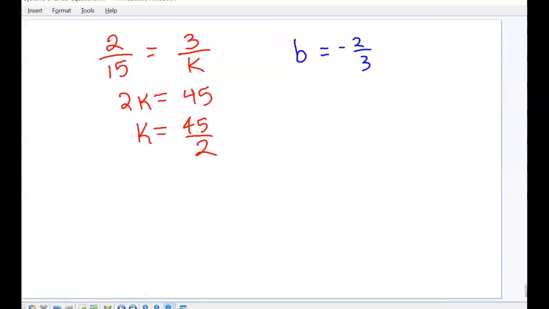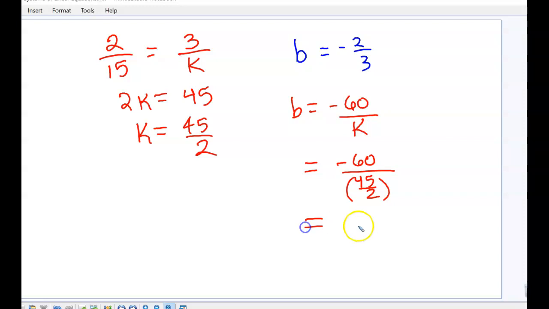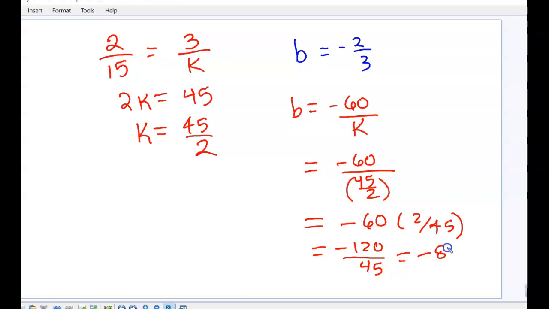And if I take the y-intercept of my second line, which was negative 60 over k, and substitute in 45 over 2 for k, if I multiply by the reciprocal, I'm going to get negative 60 times 2 over 45, which will be negative 120 over 45. And if I reduce negative 120 divided by 45, I'm going to get negative 8 over 3.